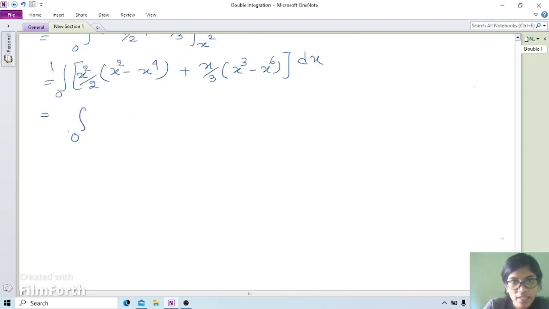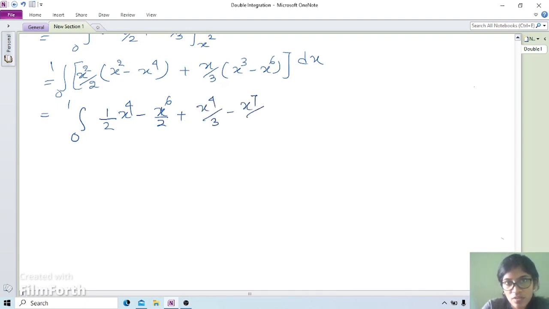Which equals the integration from 0 to 1 of 1 by 2 x square into x square, x to the power 4, minus 1 by 2 into x square into x to the power 4, x to the power 6, plus x to the power 4 by 3 minus x to the power 7 by 3, into dx.